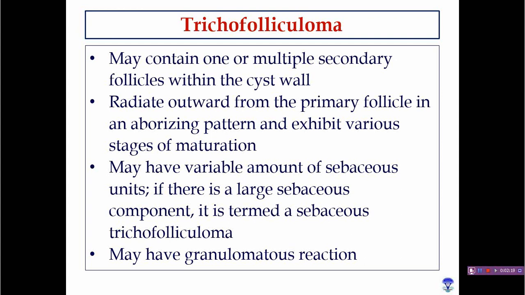In some cases you have to search for sebaceous units, while in some cases the sebaceous glands are very prominent, and if you find a very ample amount of sebaceous gland within the neoplasm, then we can use the term sebaceous trichofolliculoma.